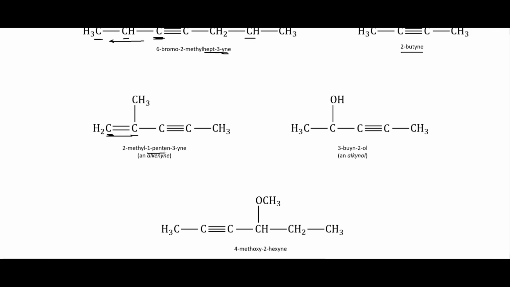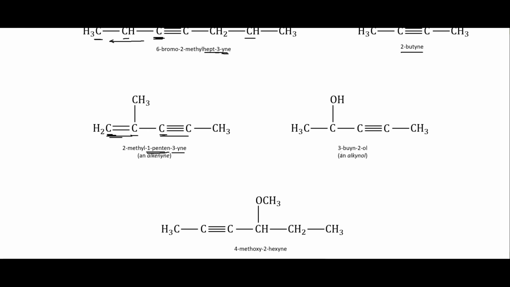So this ene here, this alkene, this double bond starts on the first carbon, so we call it 1-pentene. Then this is on the third carbon, so we have 3-yne there. And so that's an enyne, meaning that we have both double and triple bonds in it.